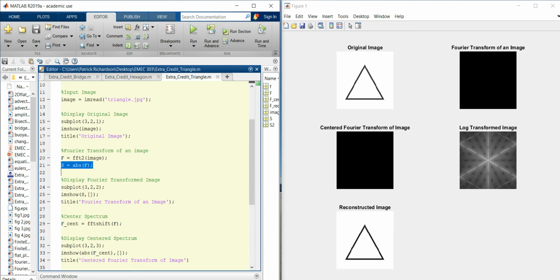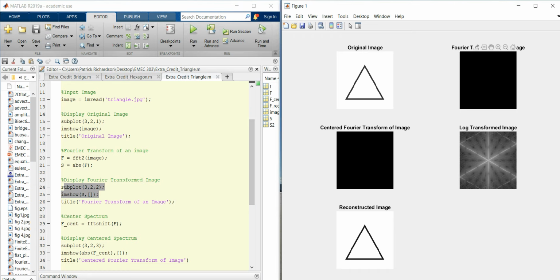And then this S, we're going to look at the magnitude of the frequencies, and then plot this as this one. There's too much data to display, so when we use the Fourier transform on finite discrete pixel values over a two-dimensional grid, we get too much data to display, leaving us with this dark graph.